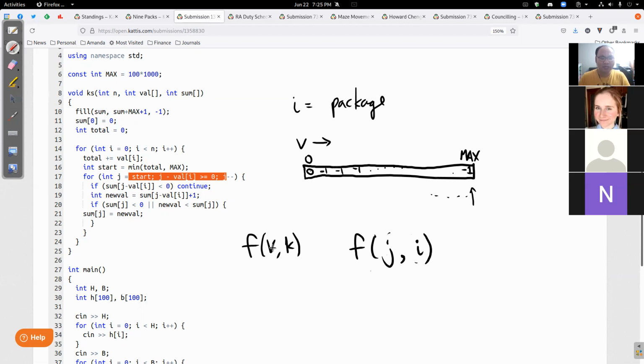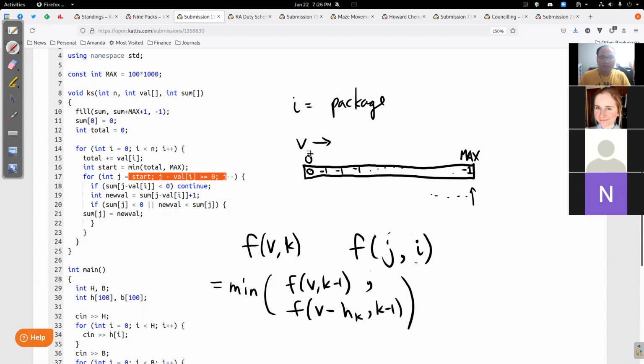So j is the value in my code, and i is the package that I'm looking at. Then I said that this is the minimum of either f of k minus 1, or f of v minus the package h k, minus 1. Okay, so I have this array here.